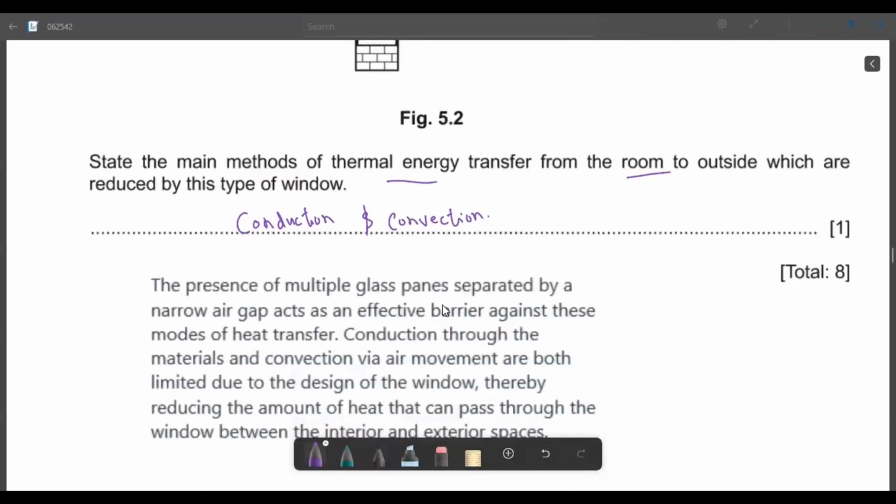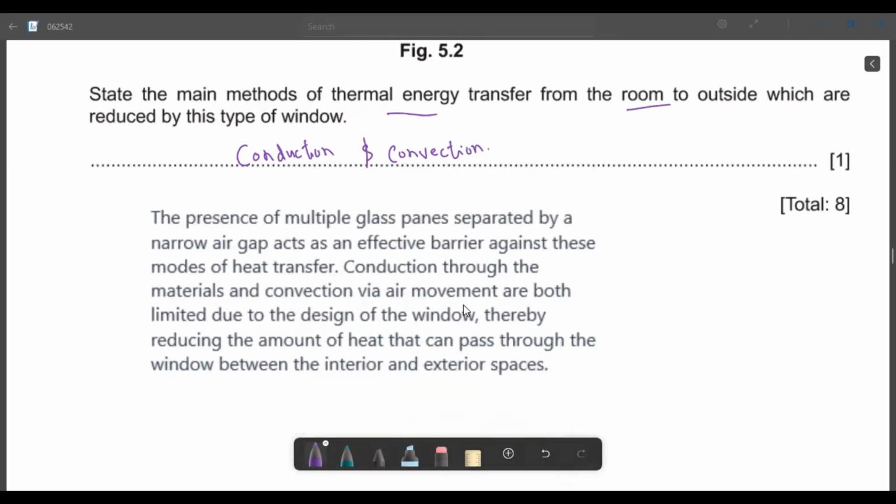The presence of multiple glass panes separated by a narrow air gap acts as an effective barrier against these modes of heat transfer. The conduction through the materials and convection by air movement are both limited due to this design of window, thereby reducing the amount of heat that can pass through the window between the interior and exterior spaces.